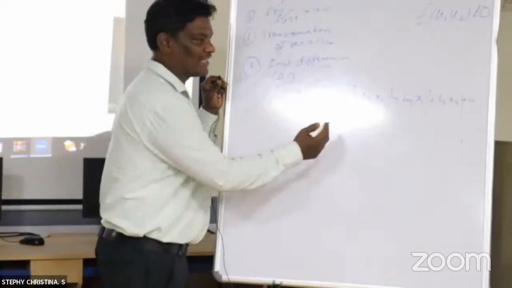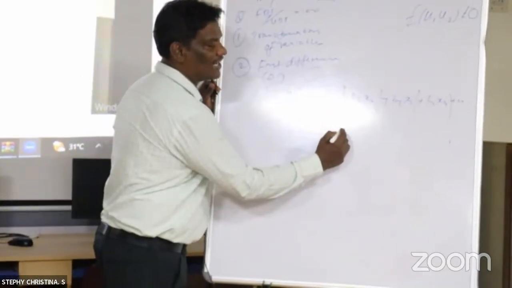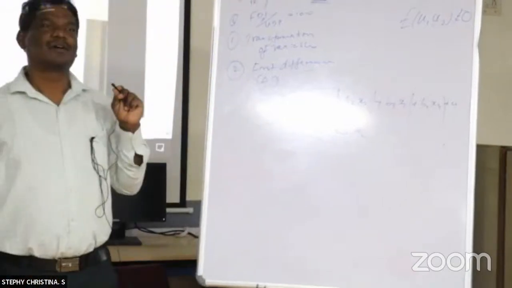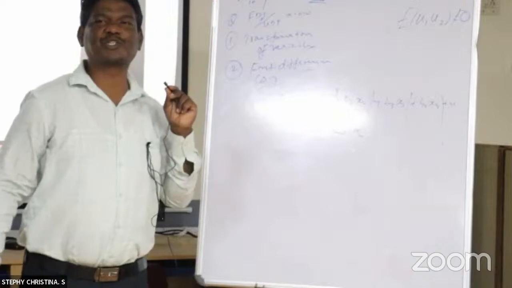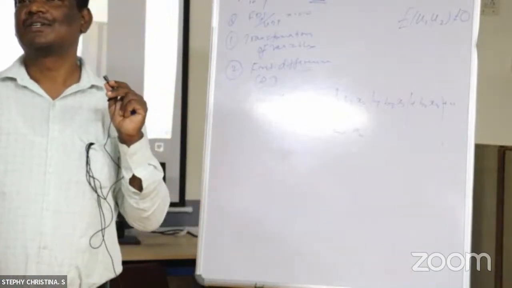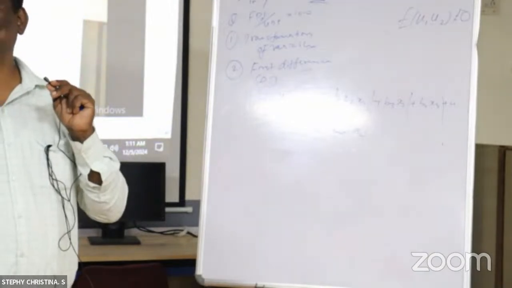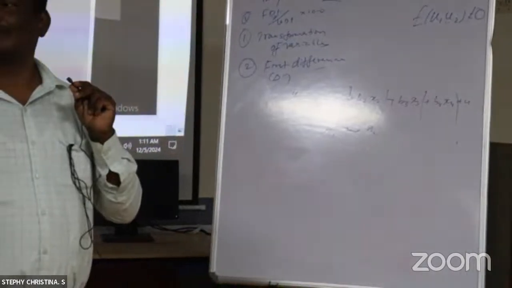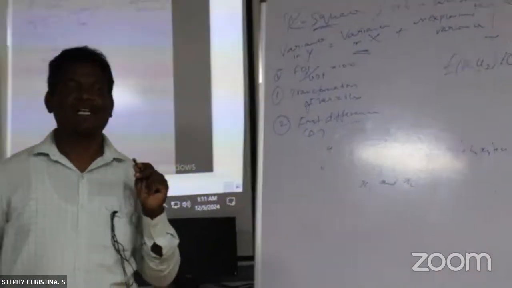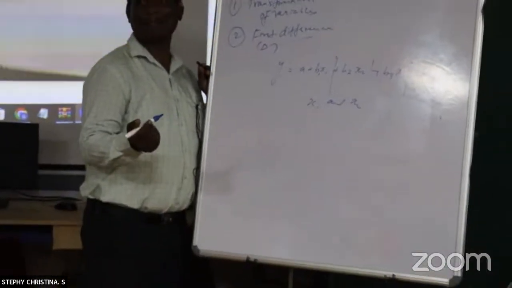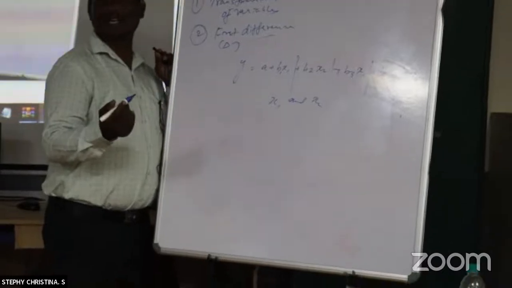Let's say here X1 and X2 are correlated. So what are the consequences? What is the problem? Any idea? Very good, your answer is very close.